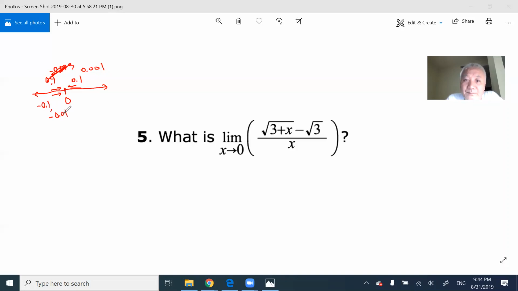So that's one way. But for this one, I prefer to show you another way, okay? Because there are many different ways to deal with the same question. For this one, we try to times the conjugate of this. So what we're going to do is this: we times both numerator and denominator by square root of 3 plus x plus square root of 3.